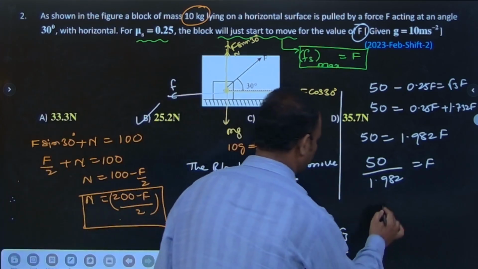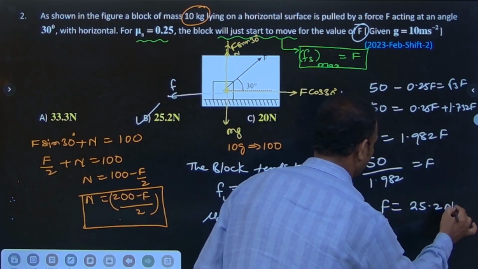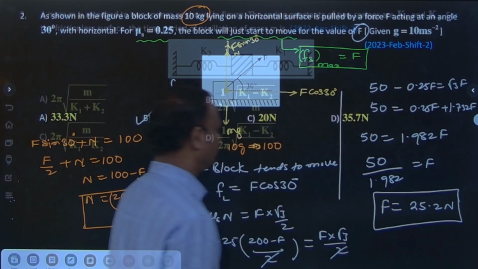This is the answer. Now your answer is 25.2 Newton.